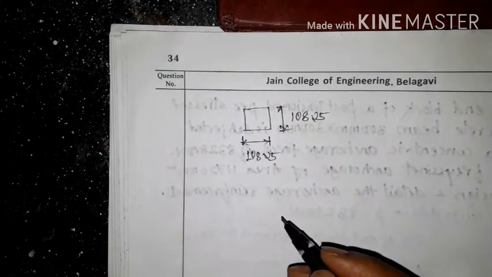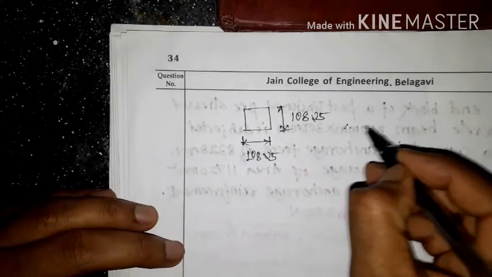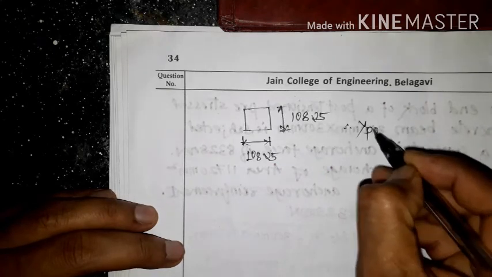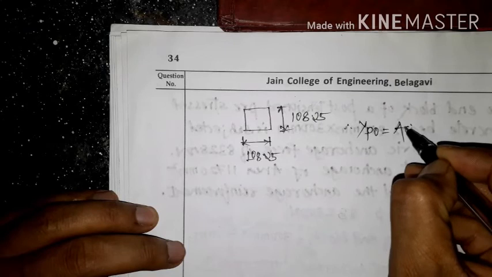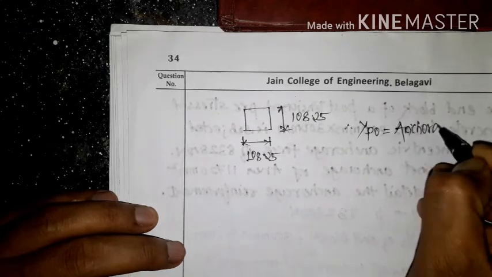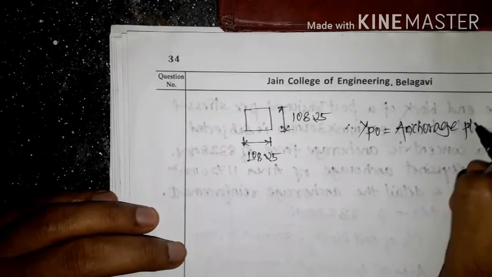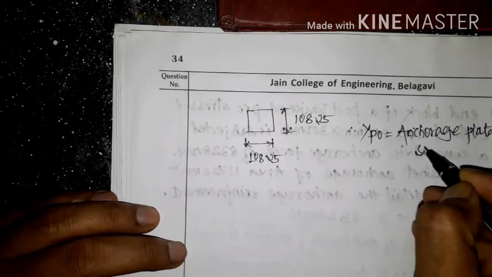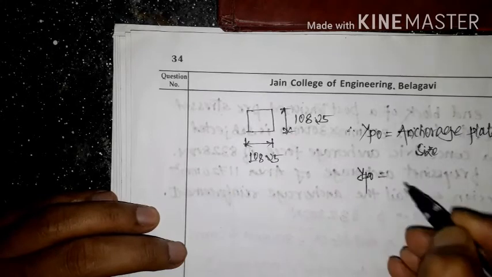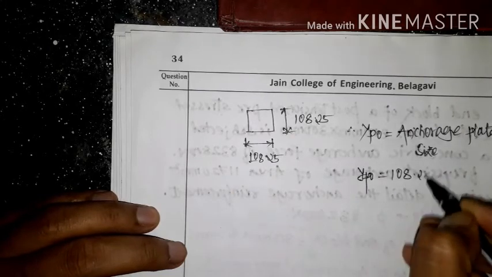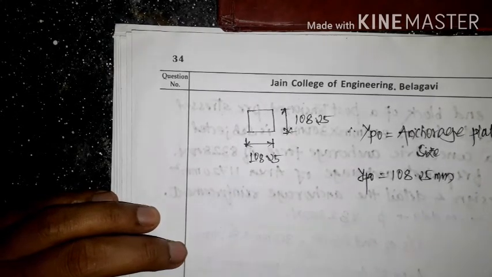It is nothing but the anchorage plate size, so Yp naught is equal to 108.25 mm. Understood? So we got Yp naught.